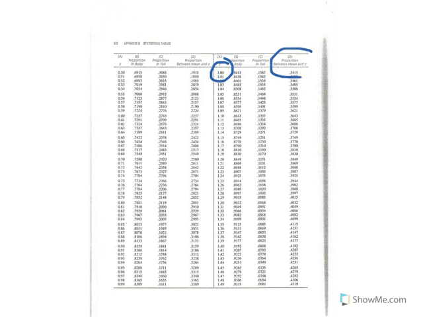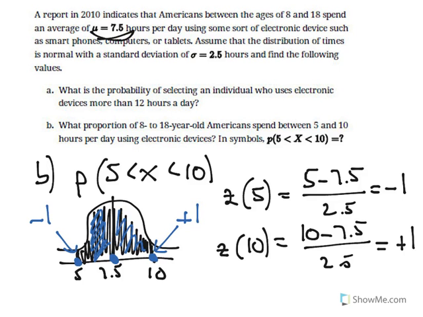So the proportion between mean and z, we see that that is 0.3413. The proportion in each of those, between the mean and the z here, and the mean and the z right here, is each 0.3413. So we have to add those together in order to get both of them, right?